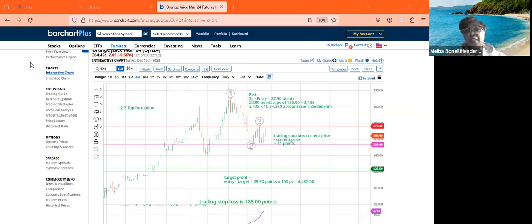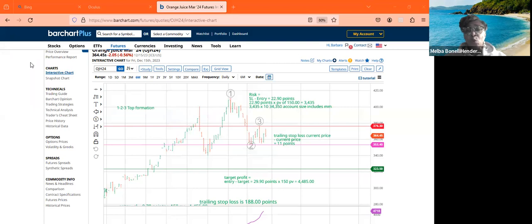So I will encourage you to start writing out your trades by typing it in text in that actual frame of the technical analysis charts on barchart.com. And so Barbara has written it out here for us: the entry, the stop loss. She's done the math, and she says the trailing stop loss will be 11 points.